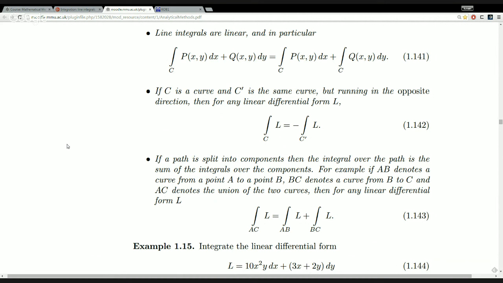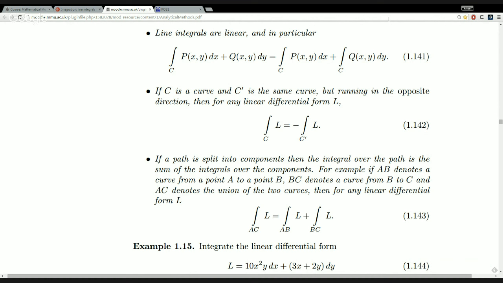The first off is just remember that integration is still a linear operator. So if you take the integral of a sum, if you're looking at this linear differential form, which is the sum of two different parts, a dx part and a dy part, you can split it up into the sum of the two integrals on their own.